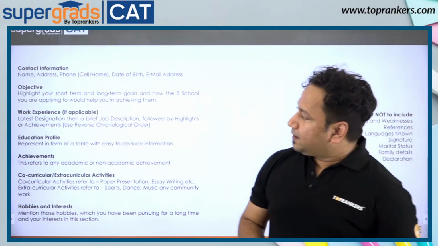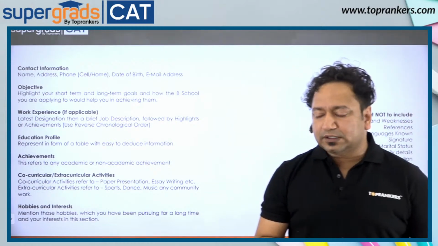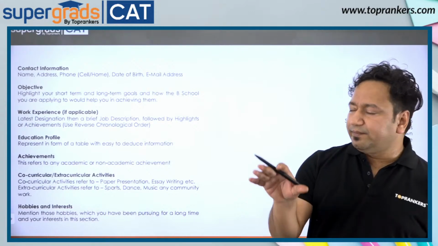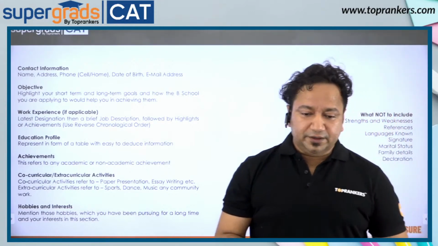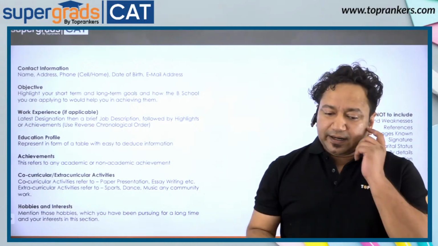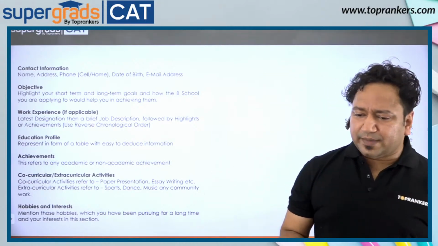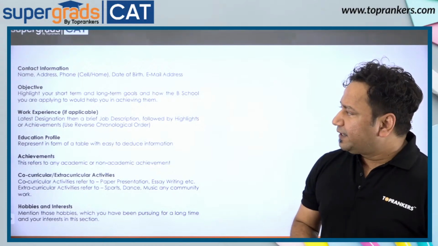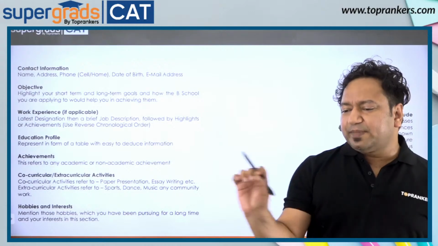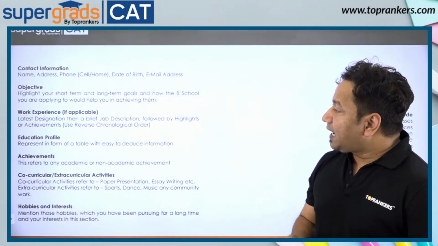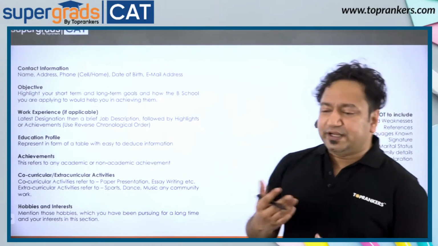Well, now comes the objective. The first impression that you will make through your CV or your resume will be the objective. You do not have to write at length. It can be 2 lines at max or 2.5 lines, where you should be highlighting your short-term and long-term goals in a very crisp and precise manner, and how the B school you're applying to would help you in achieving them.